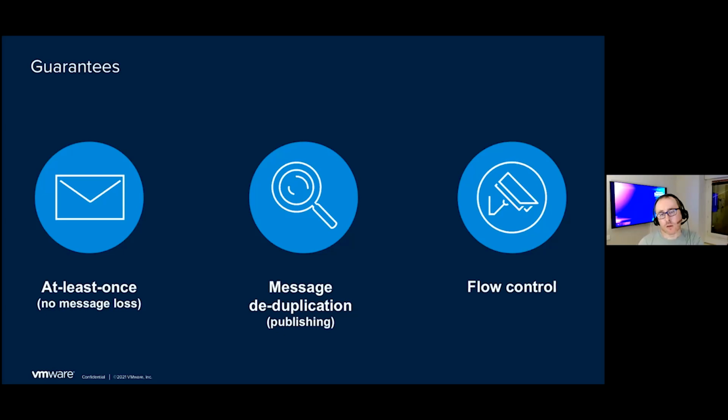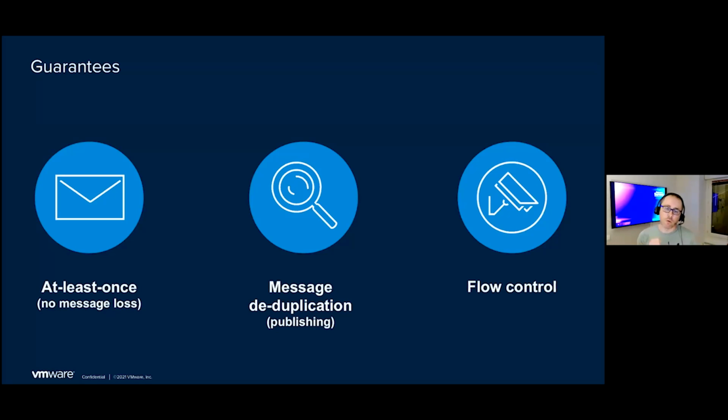There's also a deduplication mechanism. Actually, the broker can filter out duplicate messages based on the publishing sequence. So the publishing sequence will typically be something like the line in a file, or the primary key of the record in a database table.